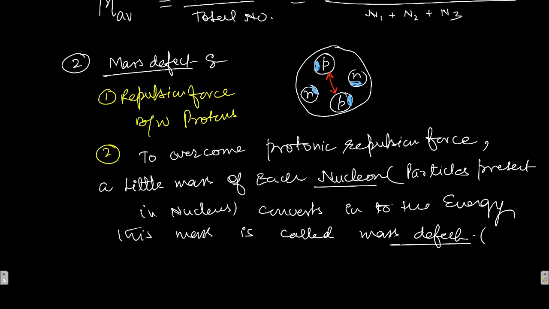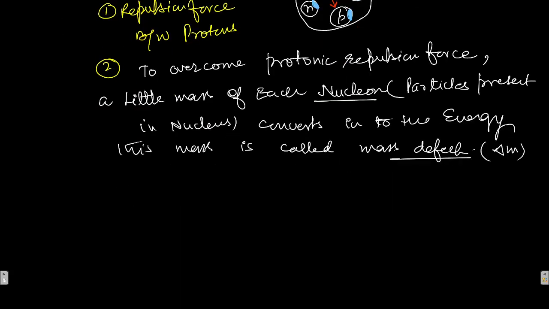So we can say this is delta M. This mass is the mass defect for this proton. This mass is the mass defect for this neutron. This mass is the mass defect for this proton. This mass is the mass defect for this neutron. And this mass defect converts into energy. And what is the equation?